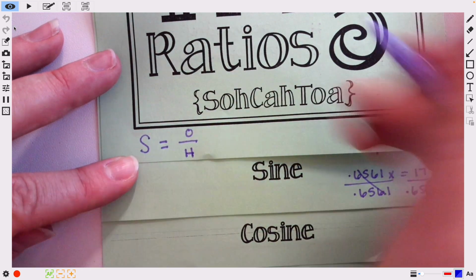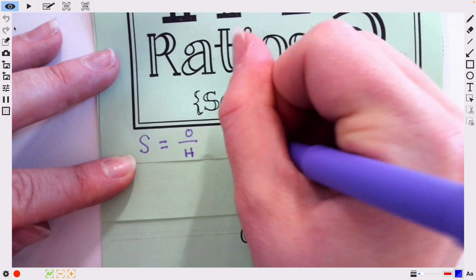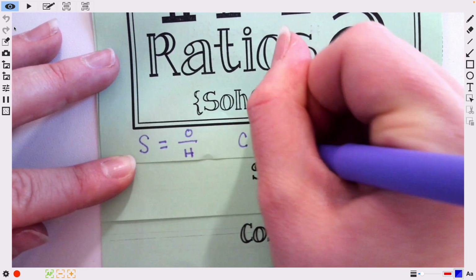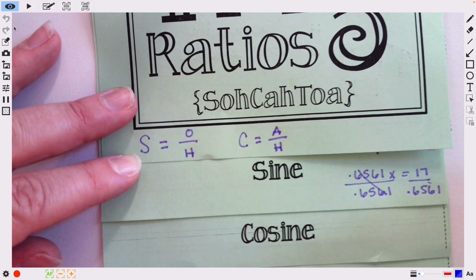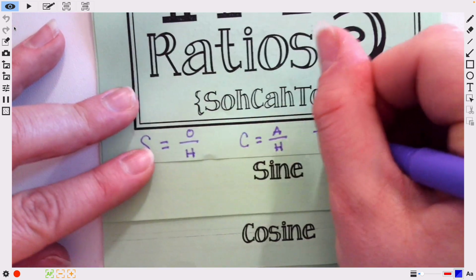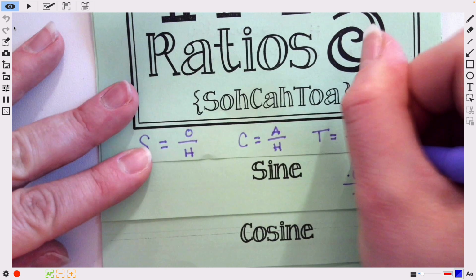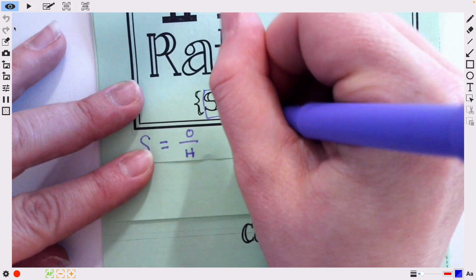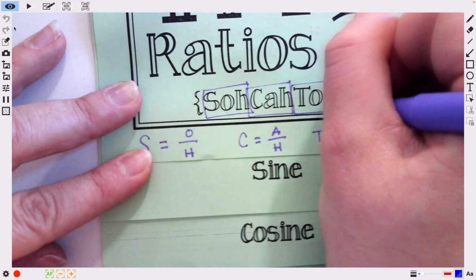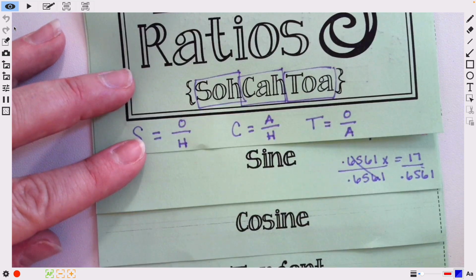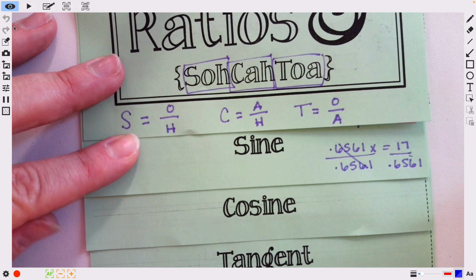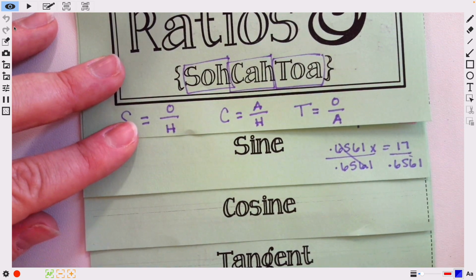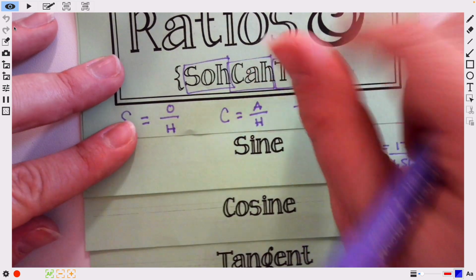CAH, cosine equals adjacent over hypotenuse. TOA, tangent equals opposite over adjacent. So, SOH sine, CAH cosine, TOA tangent. It is purely a little acronym to help you remember your 3 trig ratios, because you will not get to use this on your test.